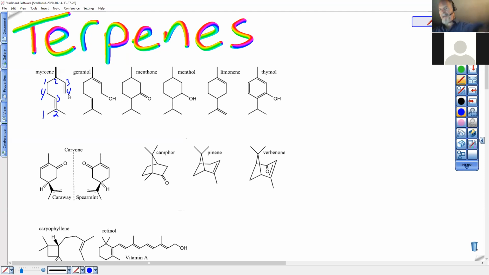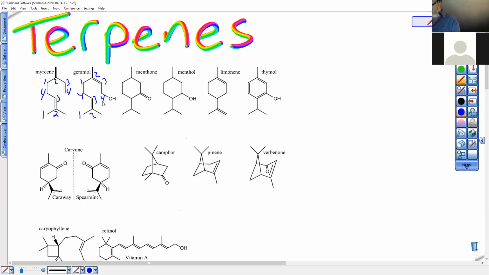That repeating pattern is what makes these terpenes. 1, 2, 3, 4. Oxygens are unimportant as to being terpenes. They can be there. They're functional groups. They give terpenes their function, but the skeleton is what really makes them terpenes.